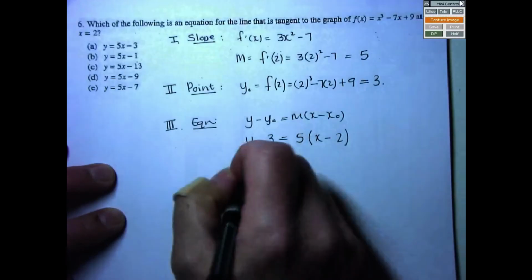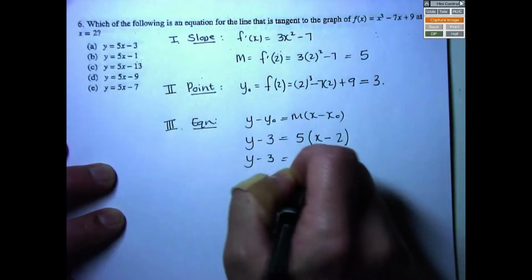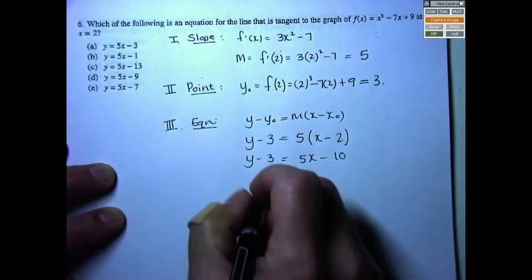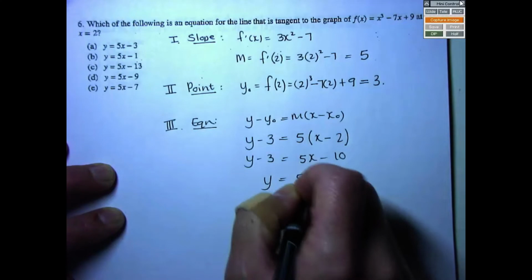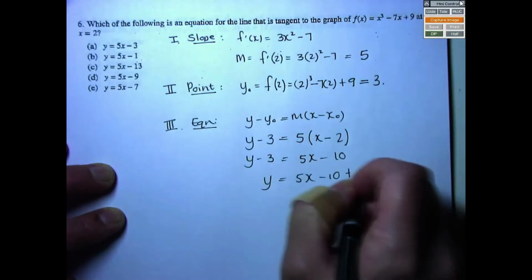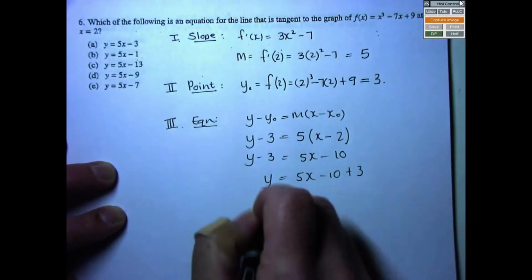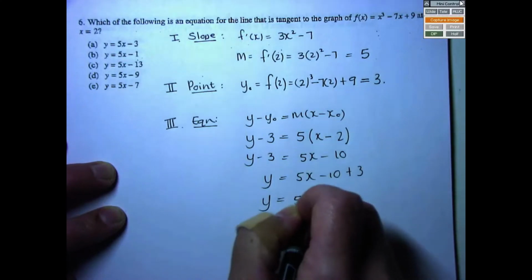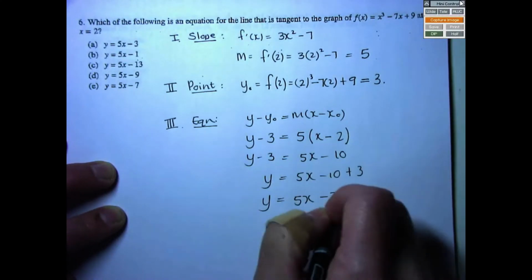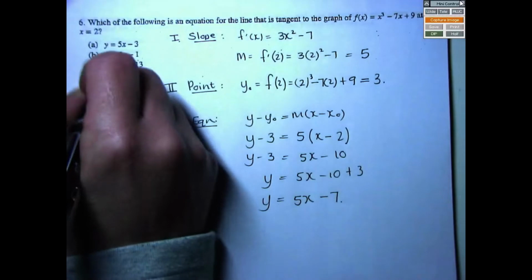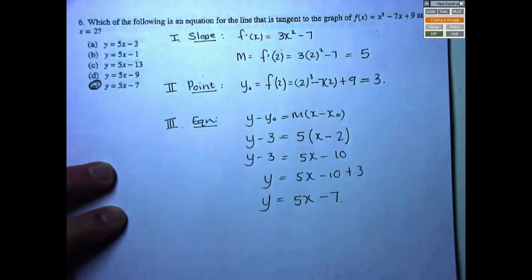And let's clean up. Y minus 3 is equal to 5x minus 10. I'm going to add 3 to both sides. So I get that y is equal to 5x minus 7. The answer here is E.